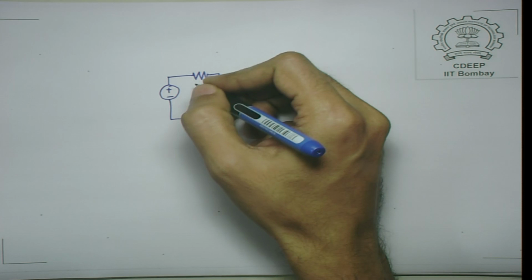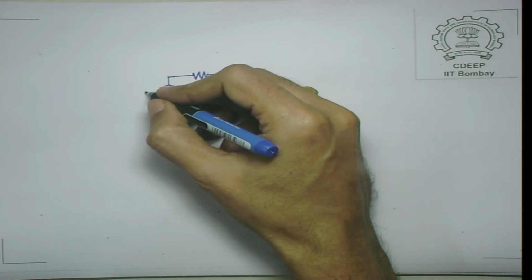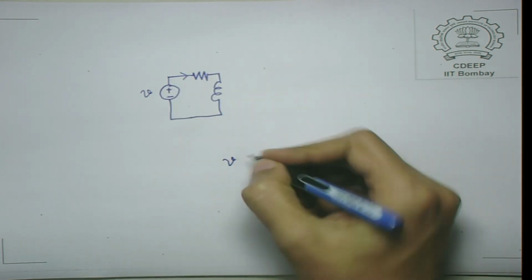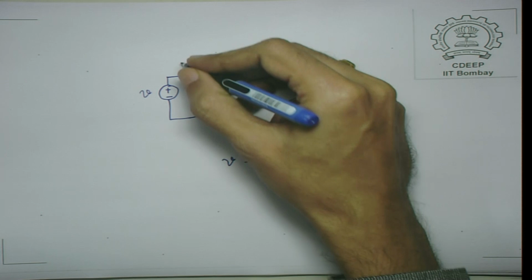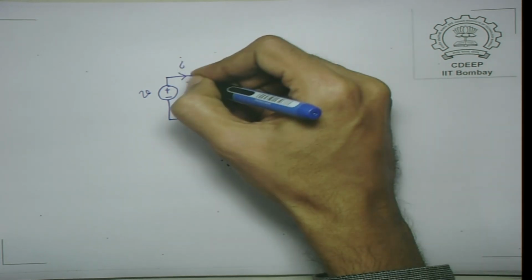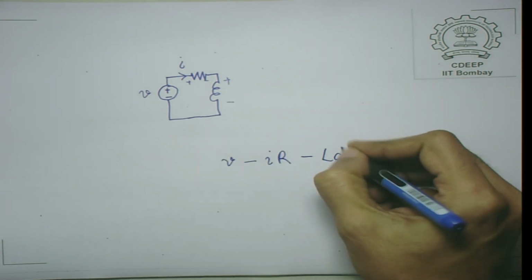Now, in this circuit, if we apply Kirchhoff's voltage law, we will get the equation V minus IR, which is the voltage drop, and the voltage drop L di by dt.